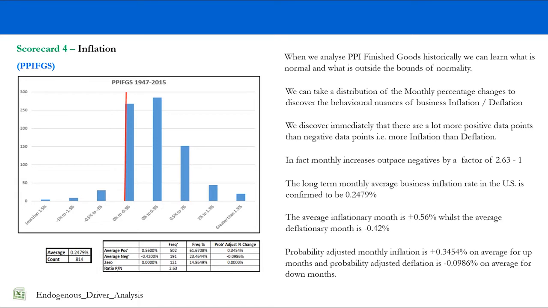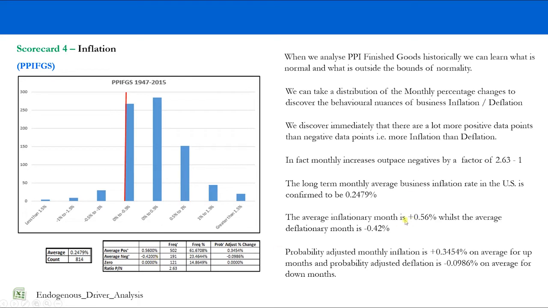The long-term monthly average business inflation rate in the US is confirmed to be about 0.25%, which is what we saw earlier when we looked at the spreadsheet. The average inflationary month, so the average positive month, is 0.56%, and the average deflationary month is minus 0.42%.